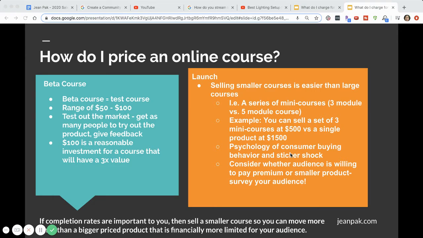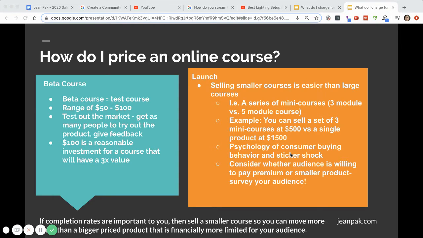So $50 to $100 is reasonable, given that it's the cost of an Amazon Prime membership or Netflix over a year, and you're investing in a product to get some ideas and valuable feedback. It's a reasonable investment for a course that you'll have 3x value for.